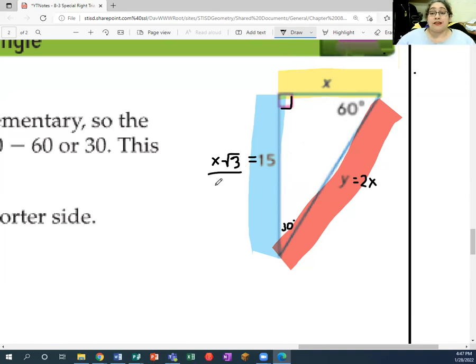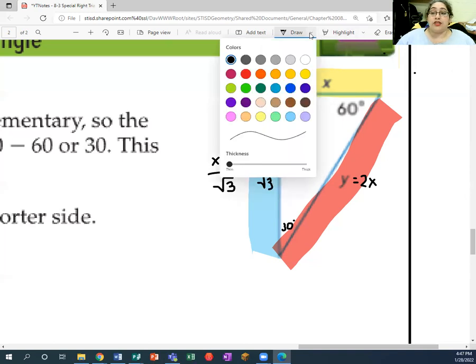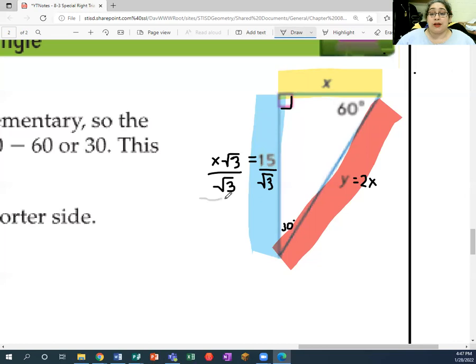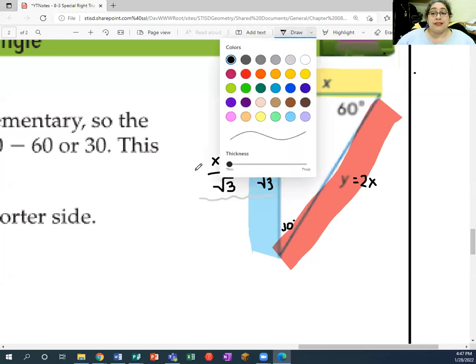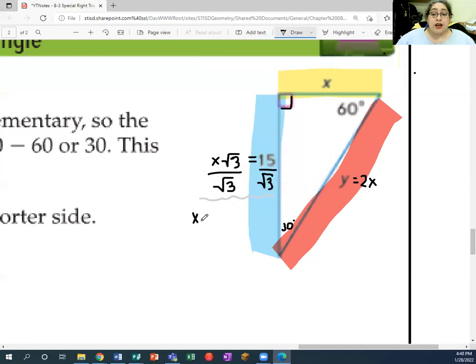I'm going to solve for x by dividing both sides by the square root of 3. This is going to feel exactly like what I did with the equation in the previous example when I divided by square root 2. I'm going to take the exact same approach, dividing by square root 3, and I'm going to rationalize this fraction because I do not want a radical in the denominator.